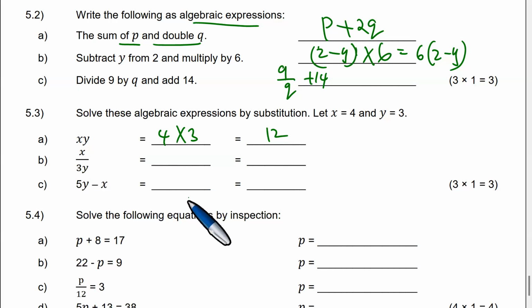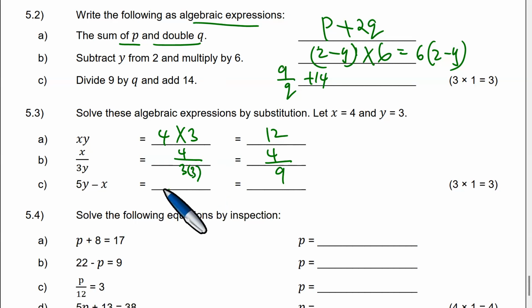Do 5.3 now. Here, what is the answer? x is 4 over 3 times y. So 4 over 9. 4 over what? 4 over 9.